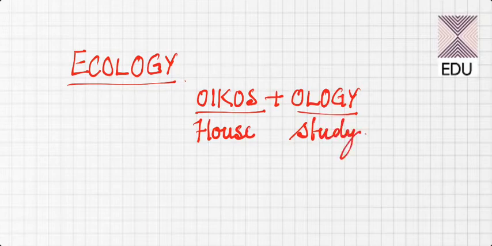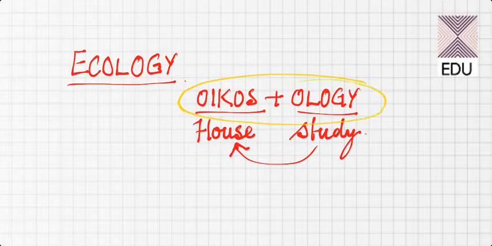So if you study a house, or the house of an animal, or of a bird, or any kind of organism, then that will be part of ecology. These two words make up the term ecology.